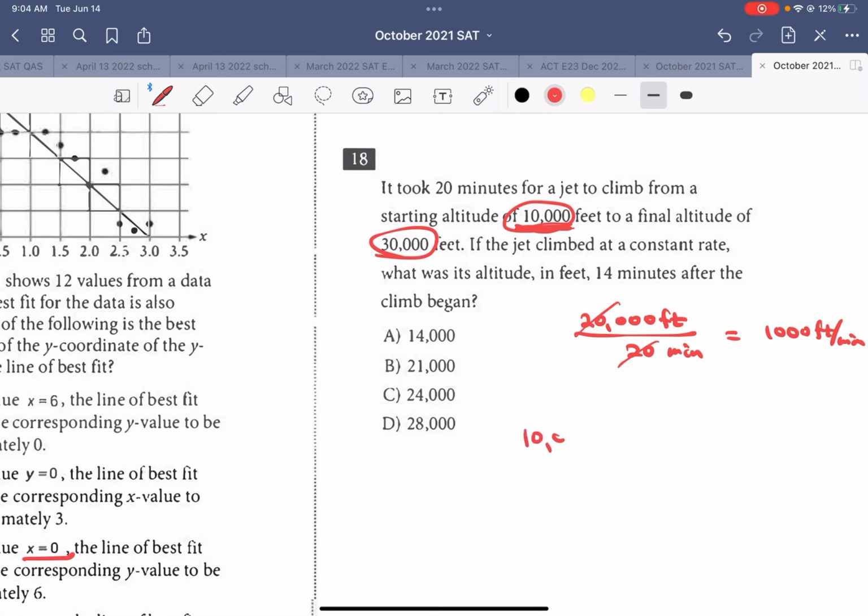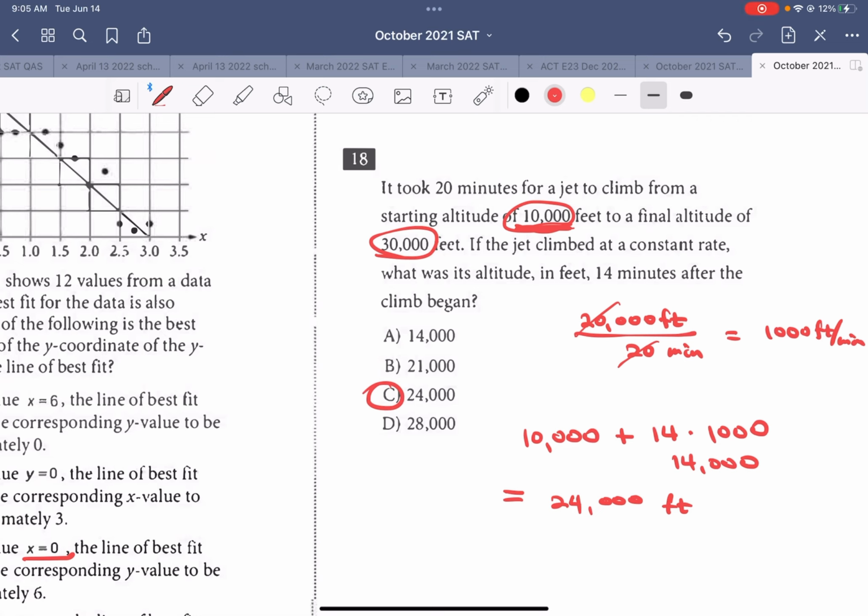So 10,000 in the beginning, plus 14 minutes, and each minute it goes up 1,000. So that's 14,000. When you add up, 24,000 feet. Okay, so the answer is C.